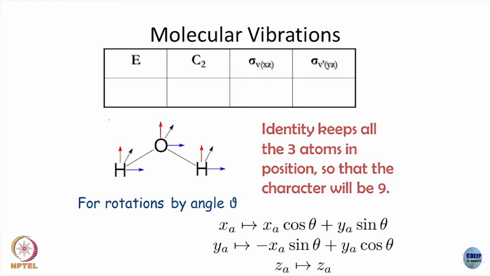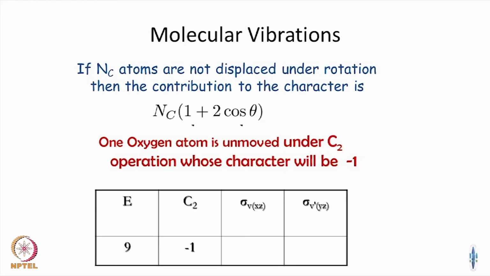So, the NC will be 1 in that case. Okay. So, if NC atoms are not displaced under rotation, then the contribution to the character will be NC multiplied by the trace of the 3 by 3 matrix, which is 1 plus 2 cos theta. Is this clear to you?